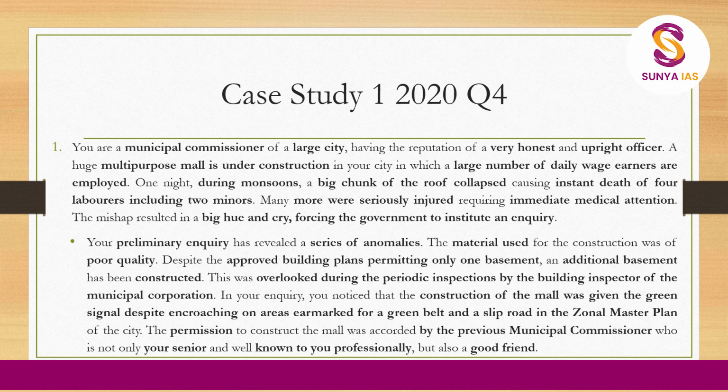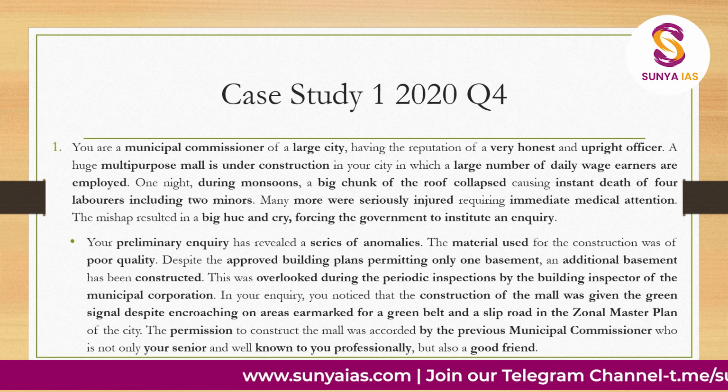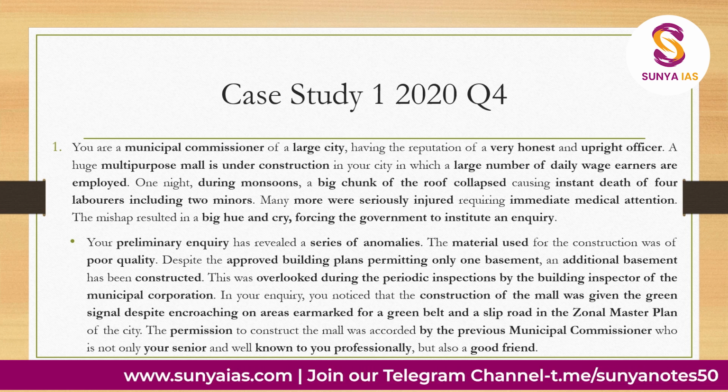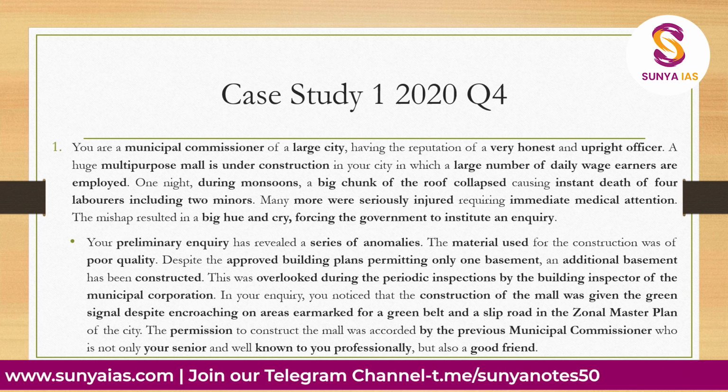So, your preliminary inquiry has revealed a series of anomalies. The material used for the construction was of poor quality. Despite the approved building plans permitting only one basement, an additional basement has been constructed. This was overlooked during the periodic inspections by the building inspector of the municipal corporation.